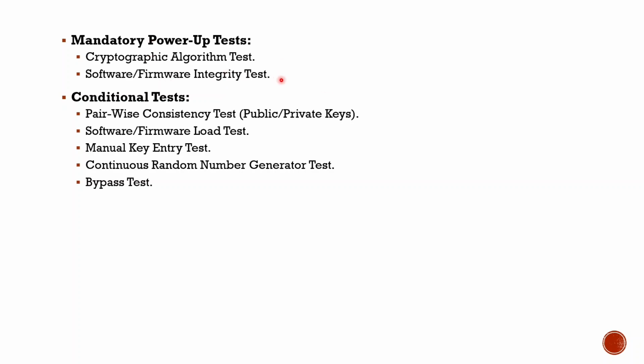Going through the software or firmware integrity test: this ensures the integrity of all the validated software and firmware components that are present inside the module. This uses error detection codes or message authentication codes or similar mechanisms like digital signature algorithms.